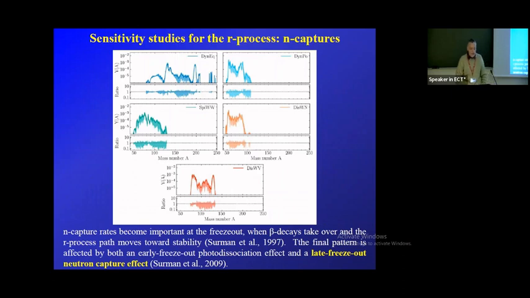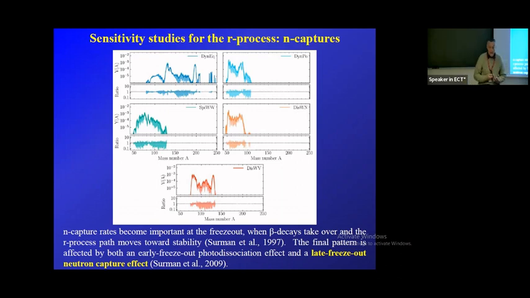You see that for each component, there are rates which may lead to appreciable variation, at least 1 order of magnitude. And obviously, when are these neutron capture rates important? Not at the beginning of the r-process, because you have so many neutrons that you obtain an equilibrium situation in which neutron capture rates really do not matter.